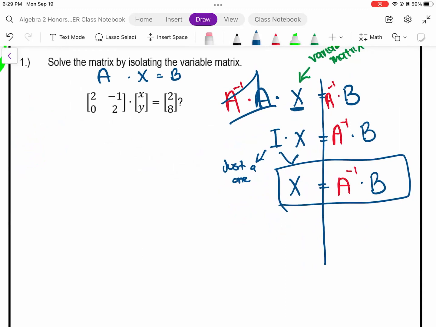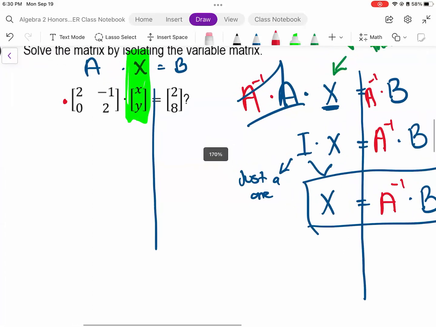All right, so let's go ahead and do that. The first thing we need to do is get that variable matrix completely by itself. So the first thing I'm going to do is multiply this by its inverse.